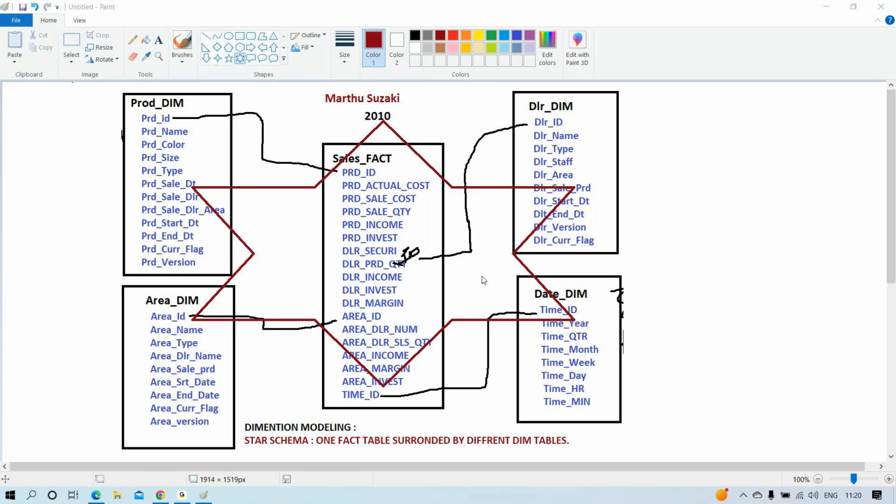The dimensions play a key role here. That's why we say dimensional modeling, which will help to maintain the history. There are two ways majorly we use. Star schema is one, snowflake schema is another. Star schema we discuss today, snowflake we'll talk about tomorrow. Whatever you said, we create a relationship between dimensions and facts, so we call it dimensional modeling.